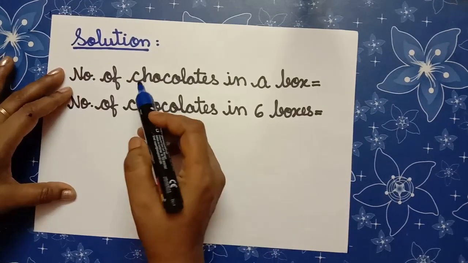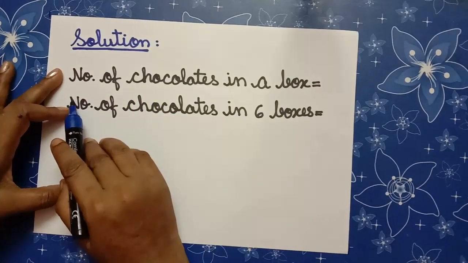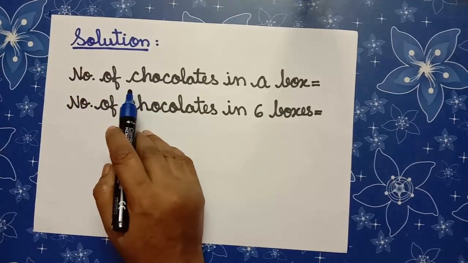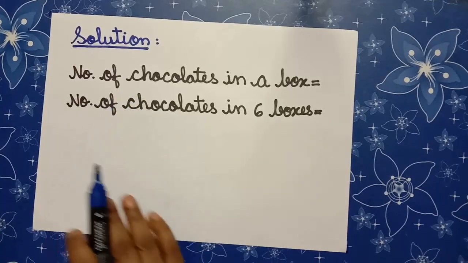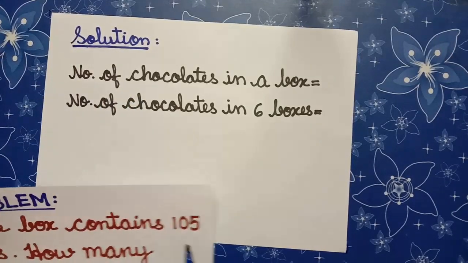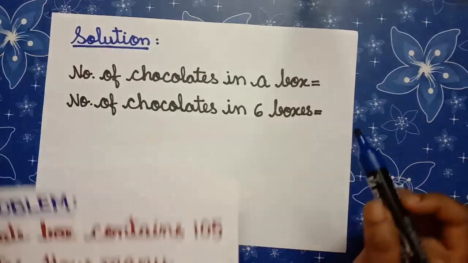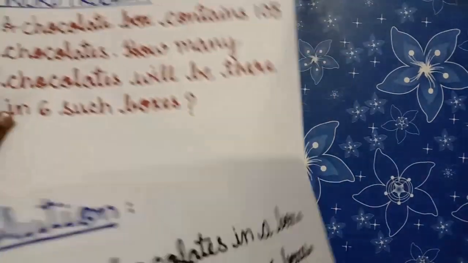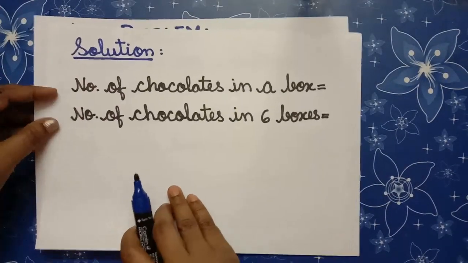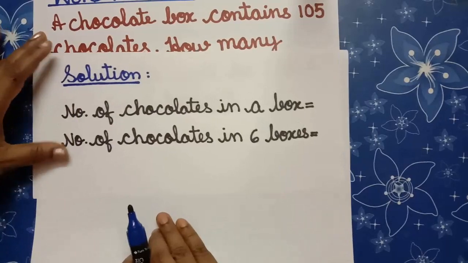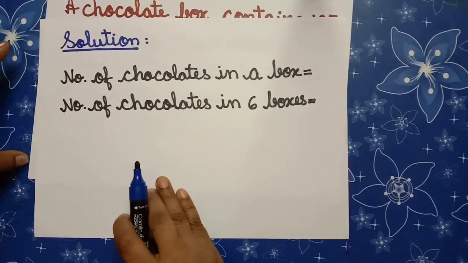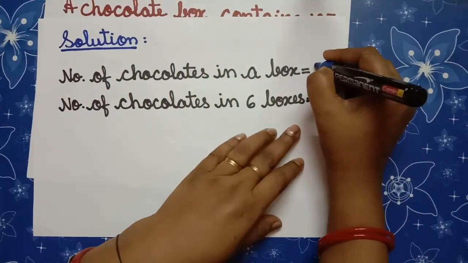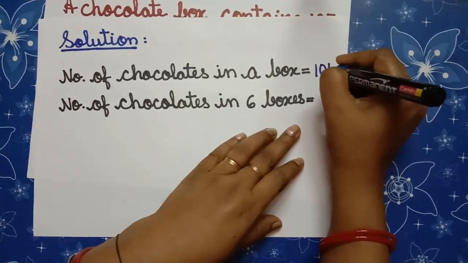So solution, what will you do? You will write the number of chocolates in a box. So how many chocolates were there in a box? 105. So you will write 105.